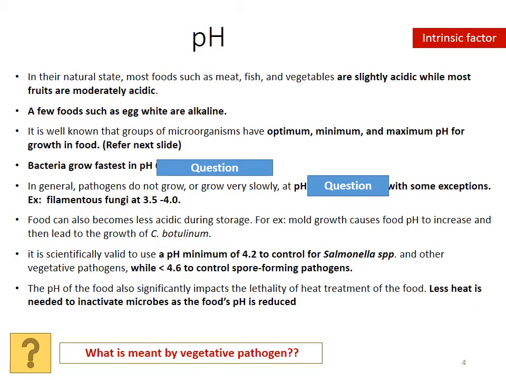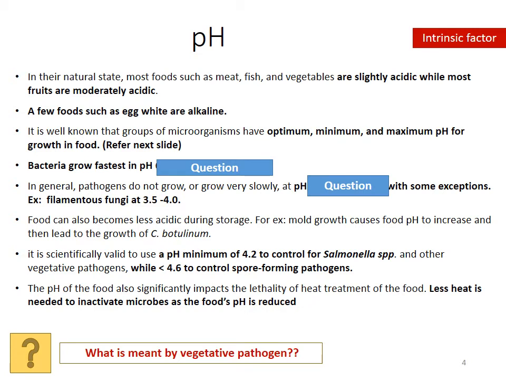The next factor that influences the growth of a microbe is the pH of the food. Naturally, most of our food such as meat, fish and vegetables are slightly acidic, while most fruits are moderately acidic. We have a few examples of foods that are alkaline, for example, egg white.